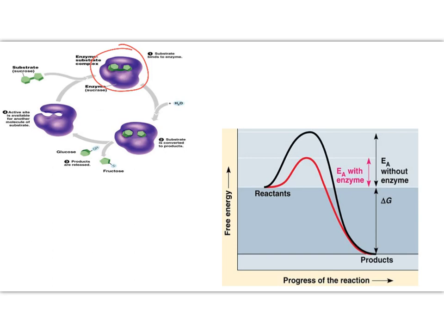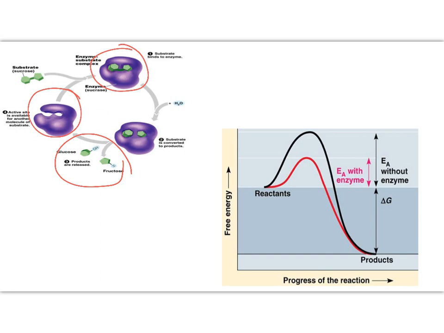The substrate is then broken down into two molecules, okay? And then you see the enzyme getting ready to be used again. So they're reusable. They made this reaction of breaking the sucrose down into individual glucose molecules happen a little bit faster, and they did that by lowering the activation energy.